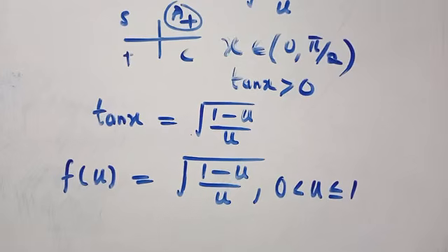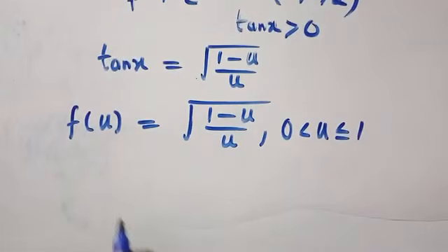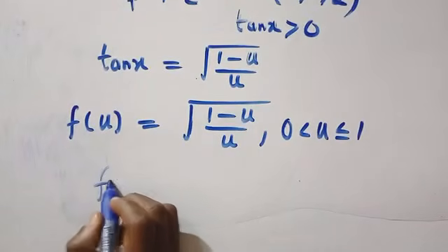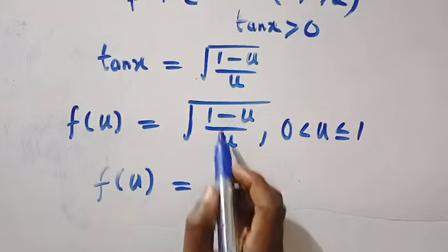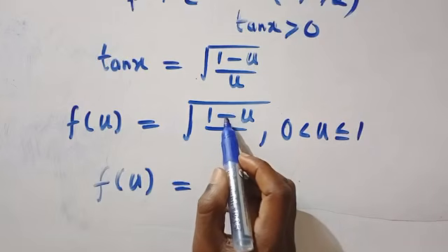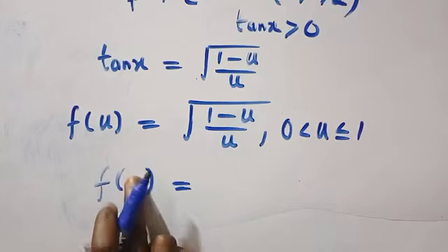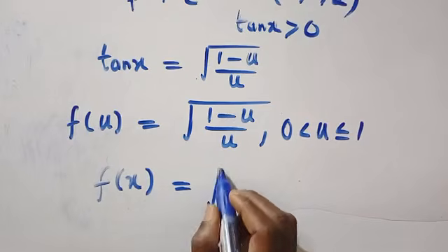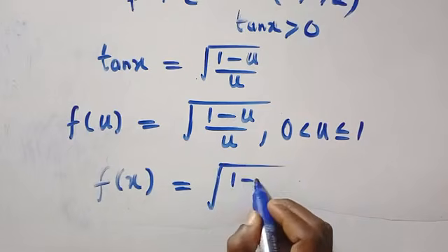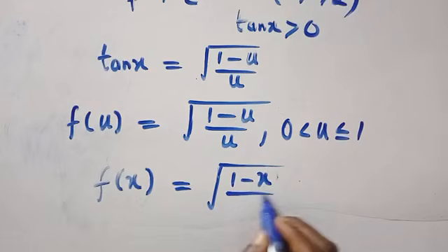So since we know that, we are now going to conclude that f of u equals the square root of 1 minus u divided by u. Changing the u to x, we have f of x equals the square root of 1 minus x divided by x.